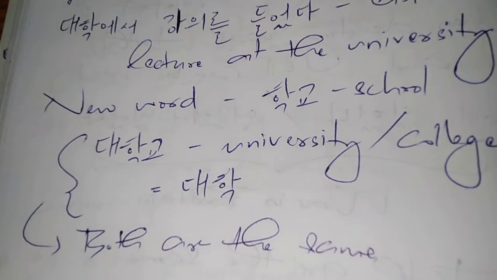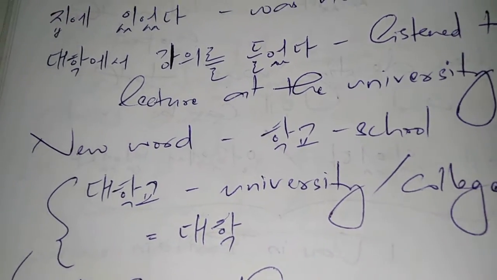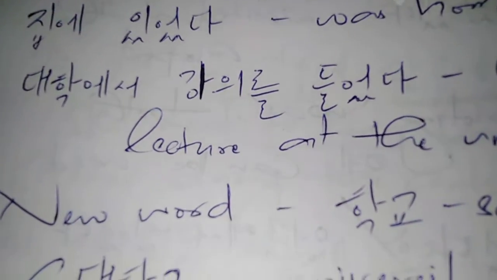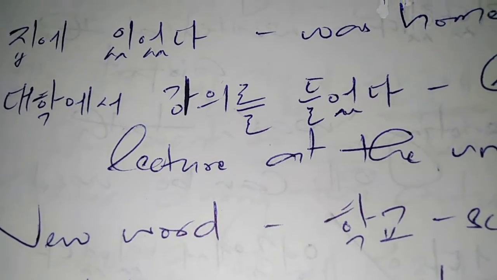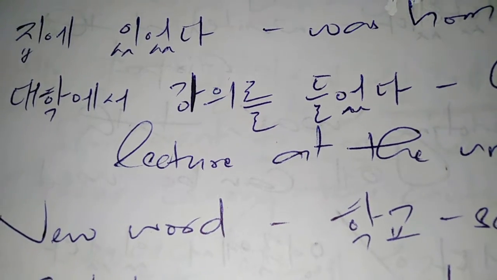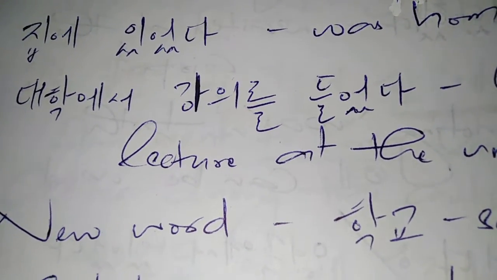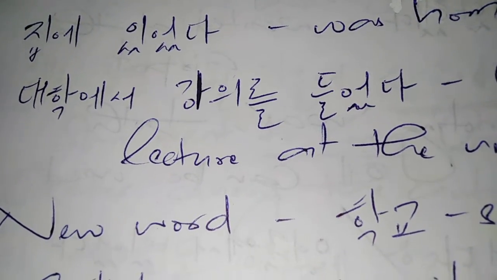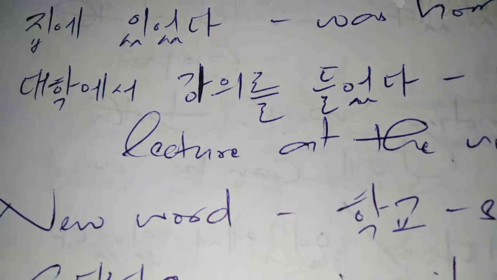You could say that 대학 is a shortened version of 대학교. So anyways, 대학에서 강의를 들었다 means, 강의 means lecture. 들었다 means heard or listened. So 대학에서 강의를 들었다 means you listened, the subject is not here, so listened to the lecture at the college or university.